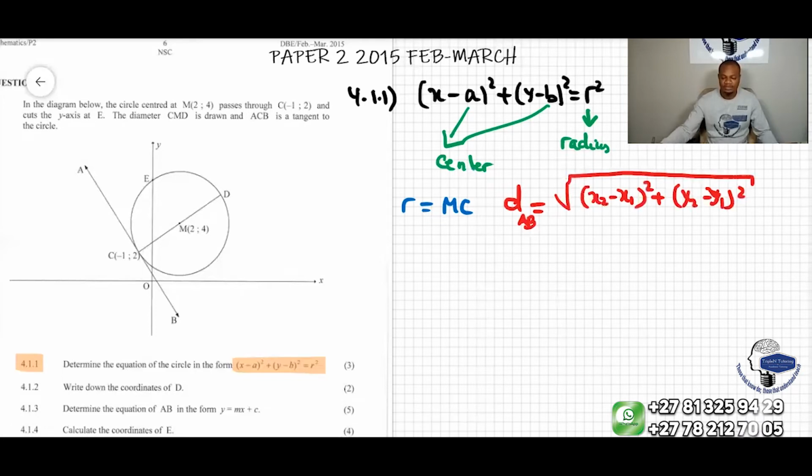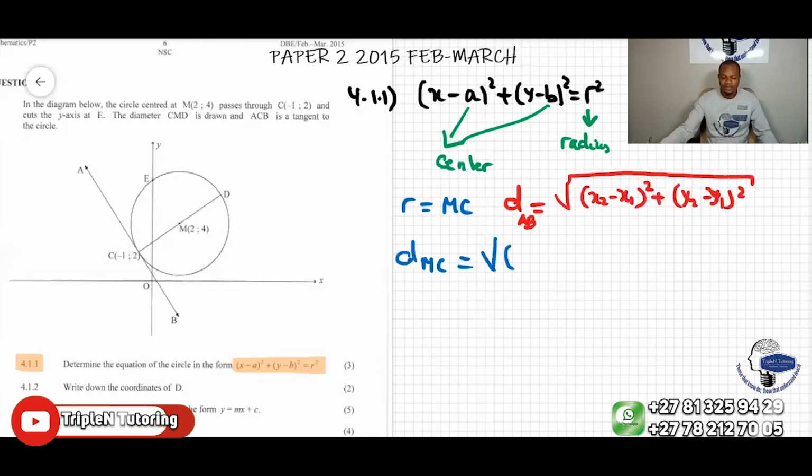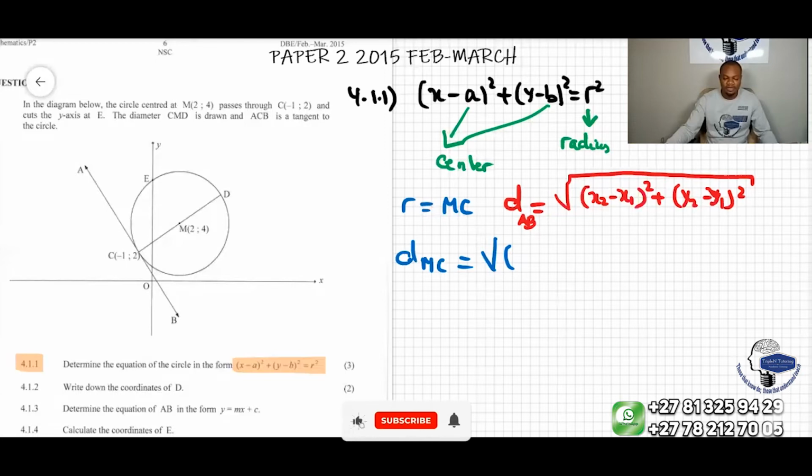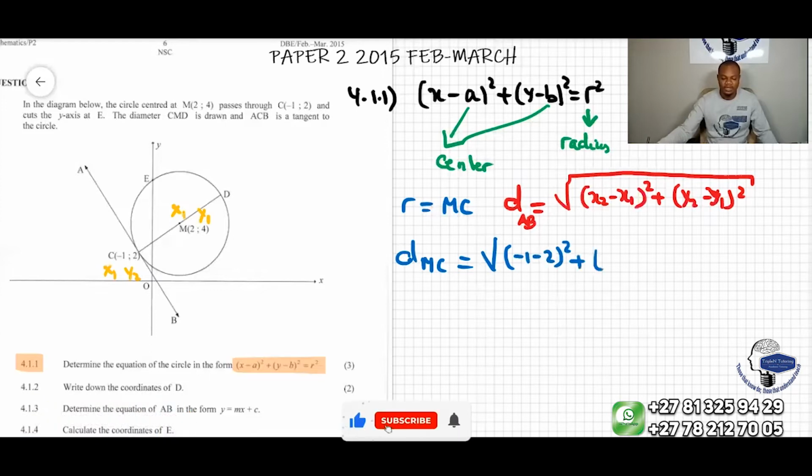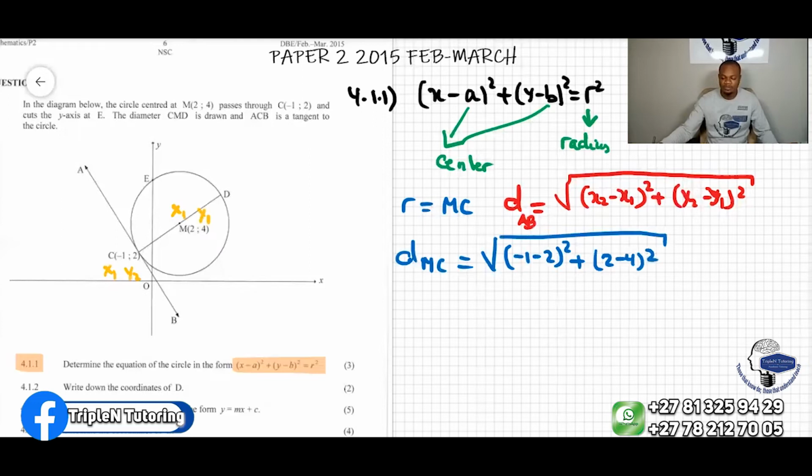Now let's do that. The length MC will be the square root of (x2 minus x1) squared plus (y2 minus y1) squared.